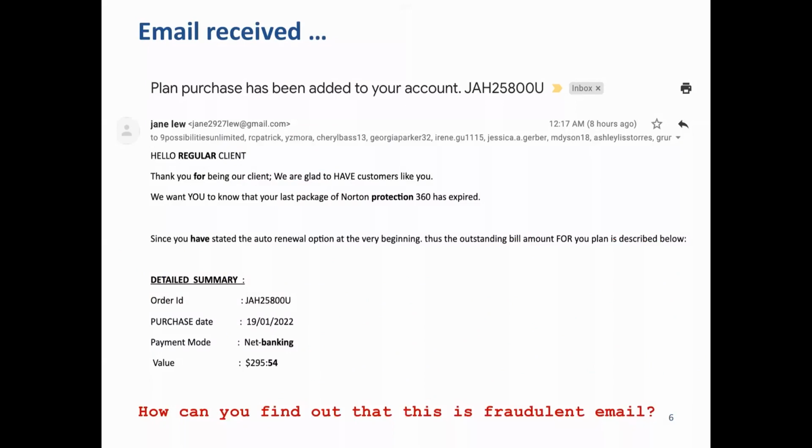Please read this email. And then of course at the bottom they have given some link which I have deleted. Now how can you find out this is a fraudulent mail?